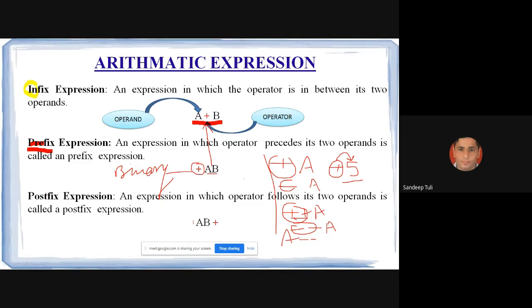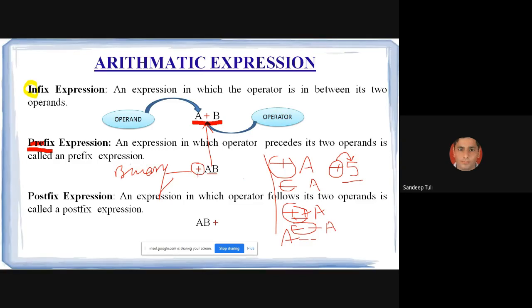All these three equations work the same, and the result of all three will also be the same, definitely in this case when we are not putting any brackets. Any operator you can use: plus, minus, multiplication, divide, modulus, whatever you want.